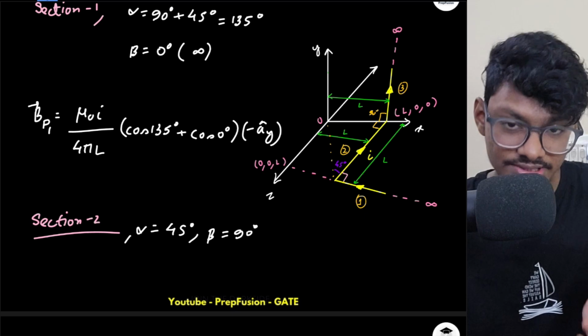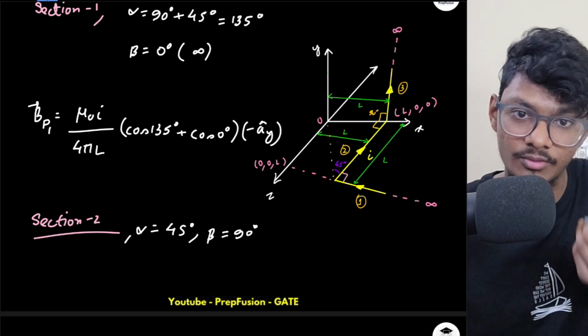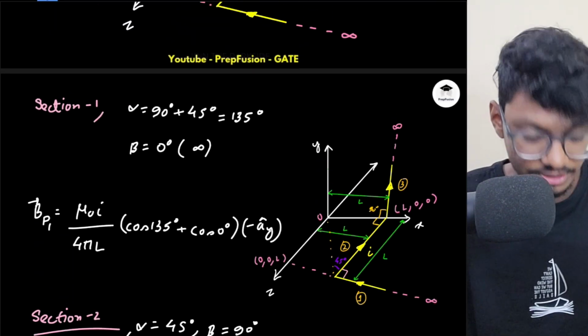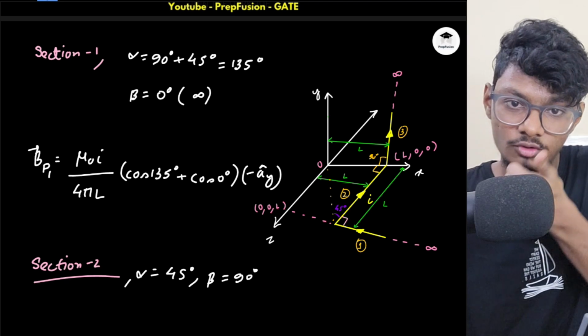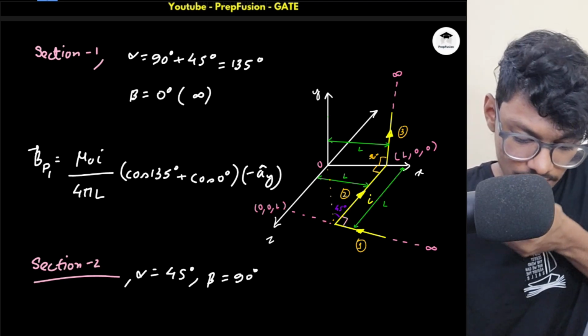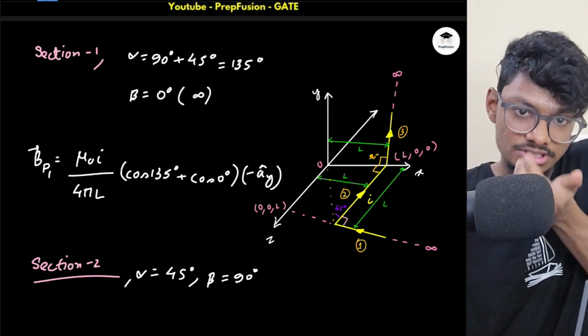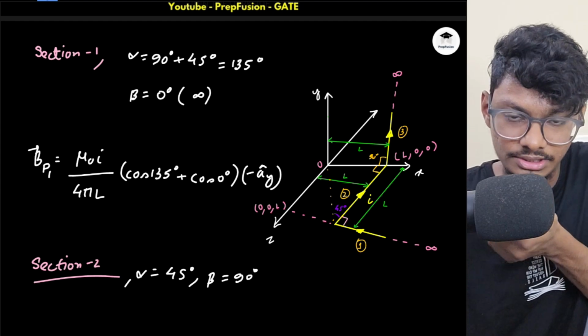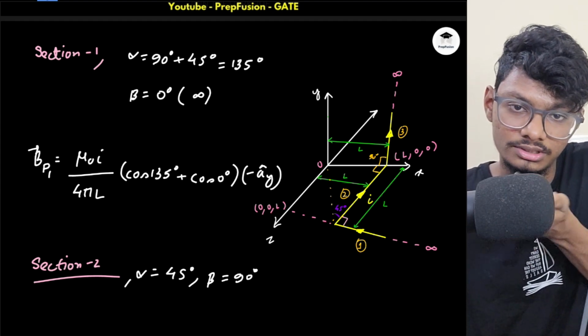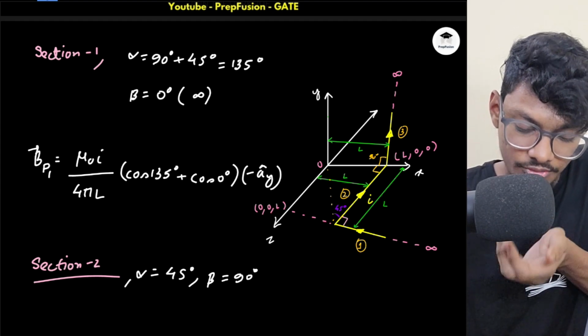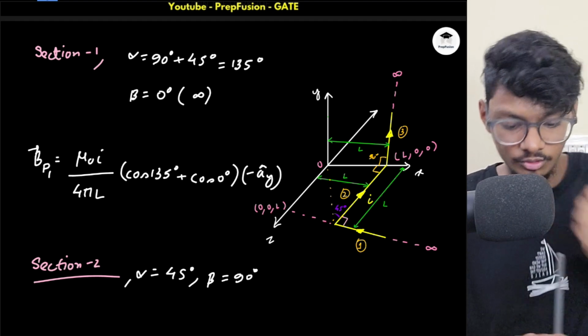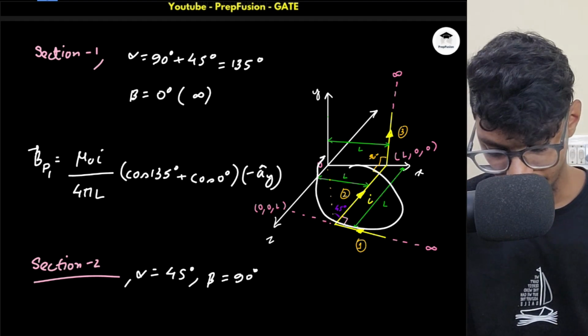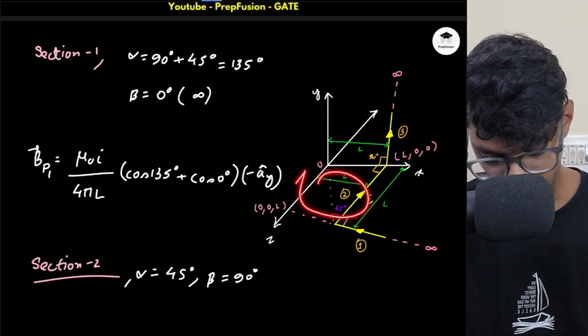Again, what is the direction here? I can observe that it is in the plus a y cap direction. Place your thumb along the current and curl your other fingers. What do you observe? It is going upwards, in the plus a y cap direction.